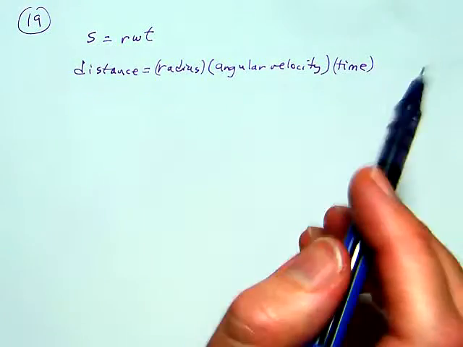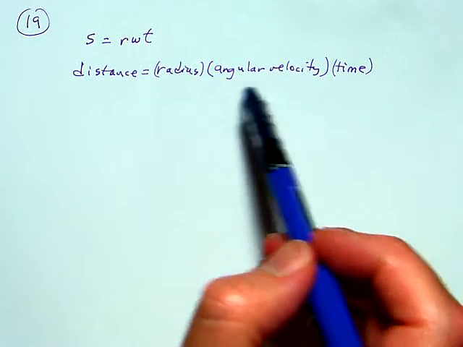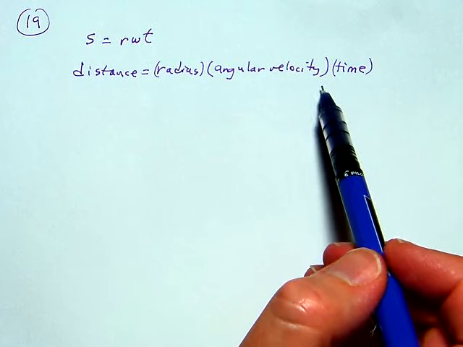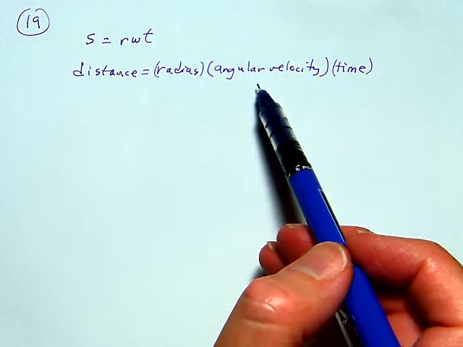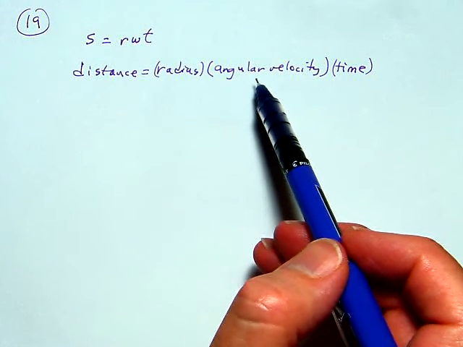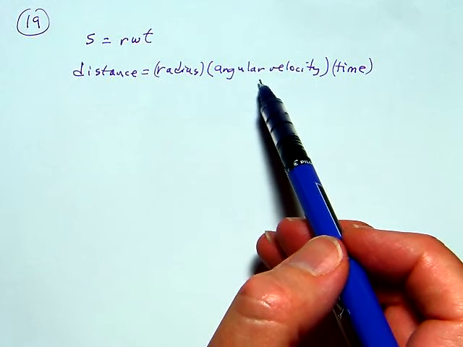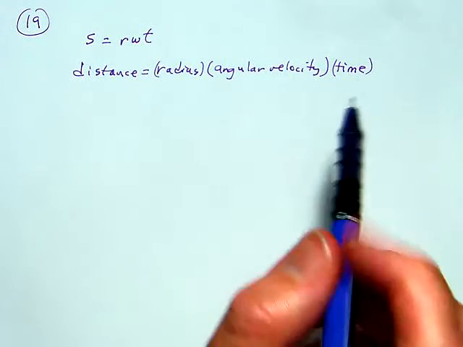Well, we already know from previous work that the angular velocity times the time gives us the total angle that has been traveled. Okay, so this is the angle per unit time, times time gives us the total angle. And when we multiply the total angle by the radius, we get the arc length, or the distance. So the formula makes sense.